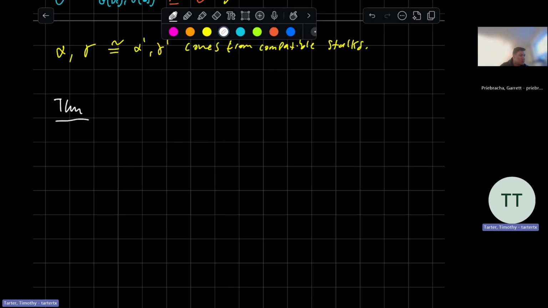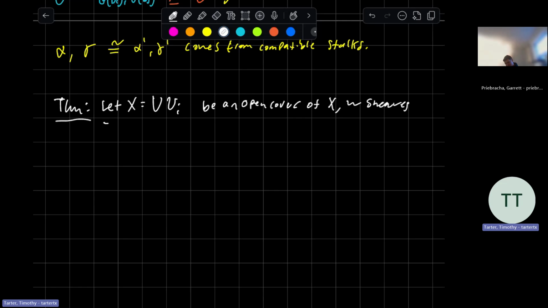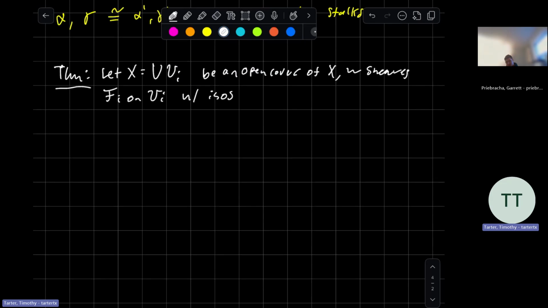So theorem, let X be equal to the union of U_i, an open cover of X, with sheaves F_i on U_i with isomorphisms phi_ij from F_i on U_i intersect U_j isomorphic to F_j on U_j intersect U_i.